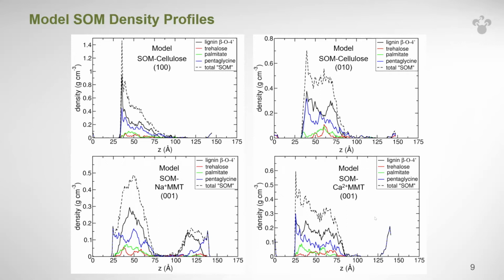And with respect to the calcium montmorillonite, we see that the lignin is interacting a little bit more with the montmorillonite surface, and we believe that this is a little more complex because you can have calcium bridging, and so we're looking at this a little further.